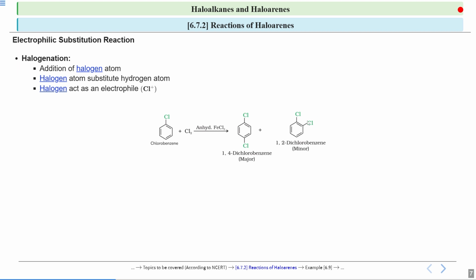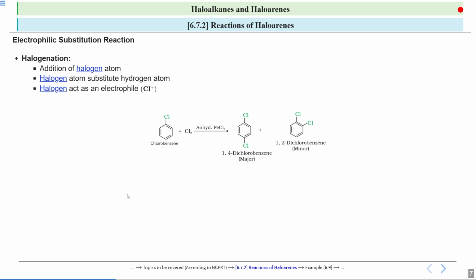This product has steric hindrance as a factor compared to the para substituted product. So that's why the para substituted product is the major product. You will get this product in a larger amount compared to the minor product, where the chlorine electrophile attacks on the ortho position of the benzene ring.